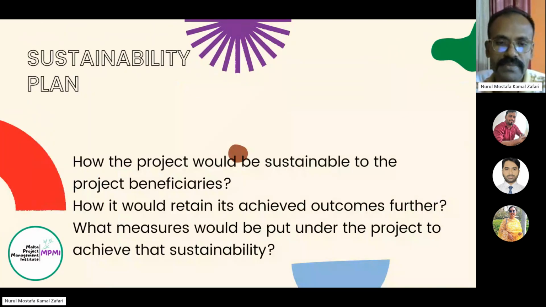Now, the sustainability plan, which is a must. Donors want to see that their money is not going in vain, and they want to see that the project is sustaining even after the closure of the project. So you have to draw a very carefully developed sustainability plan.